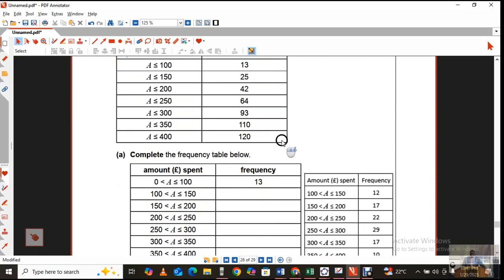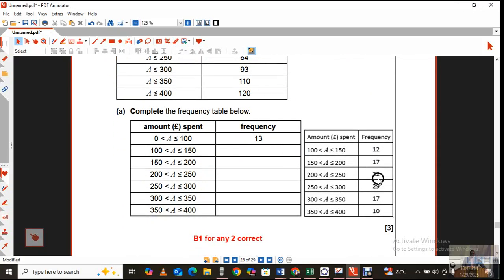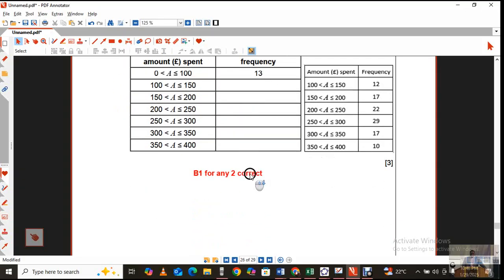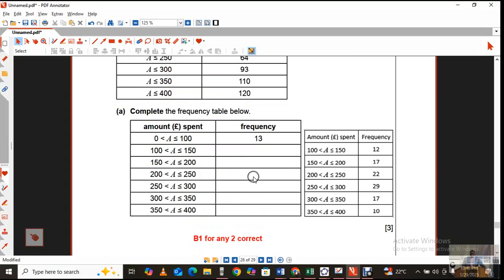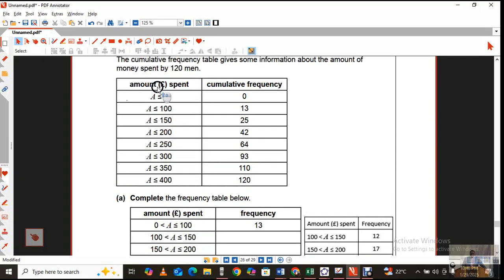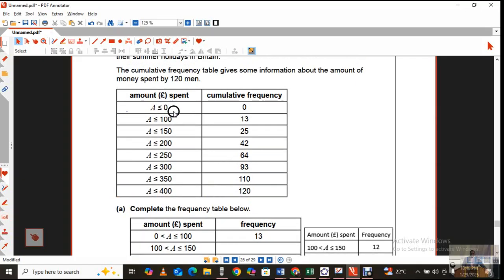Right. If you look at the frequency table, of course I have it here, but I want you to focus because I'm going to show you how to do it. If you look at the difference between these two, those people who spend less than 0 didn't spend anything. There's nothing. The people who spend less than 100 is 13.